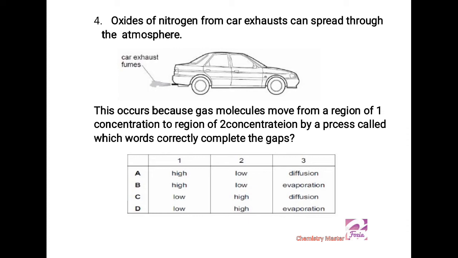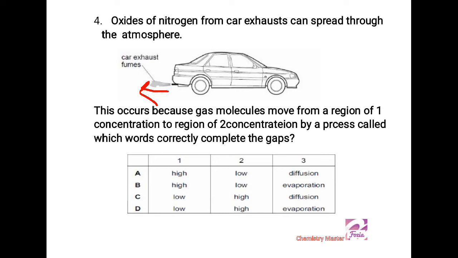Number 4: oxides of nitrogen from car exhausts can spread through the atmosphere. So we see the exhaust gases coming out of the silencer pipe. This occurs because gas molecules move from a region of one concentration to a region of another concentration. In the beginning of this video, I explained very important facts about diffusion. You have to apply this concept now.